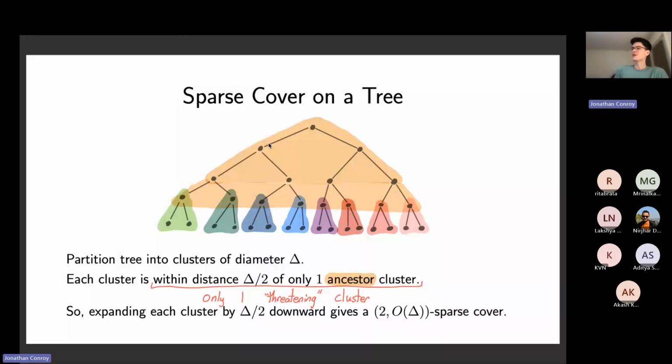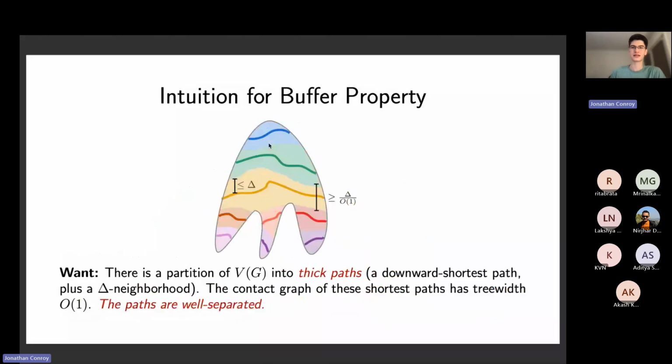Okay, and so what we would like is to have this property for general MinorFree graphs. This is the intuition behind why this buffer property is useful for sparse cover. Recall the high level intuition: the buffered decomposition is going to partition our MinorFree graph into these thick paths, which are downward shortest paths plus some delta neighborhood.